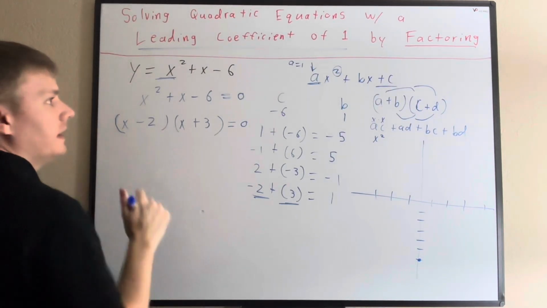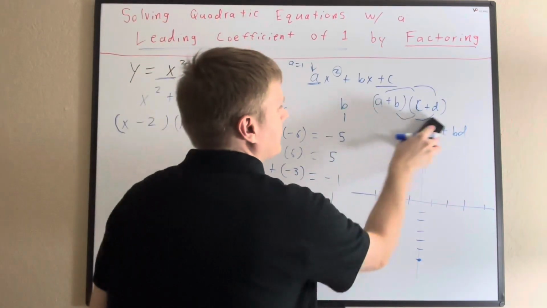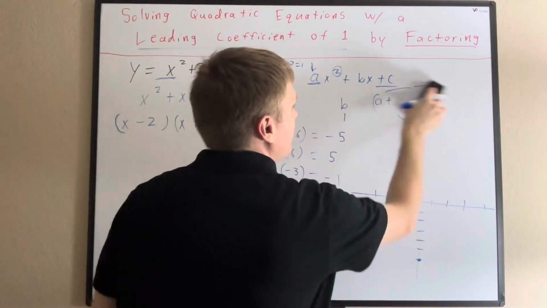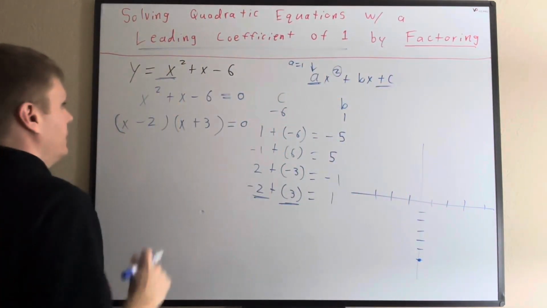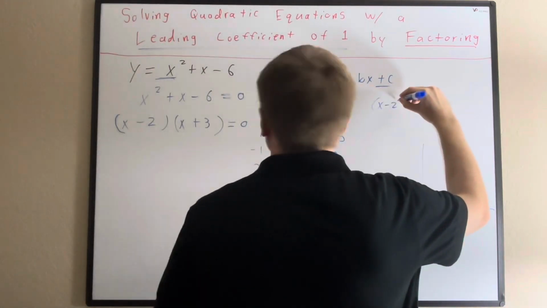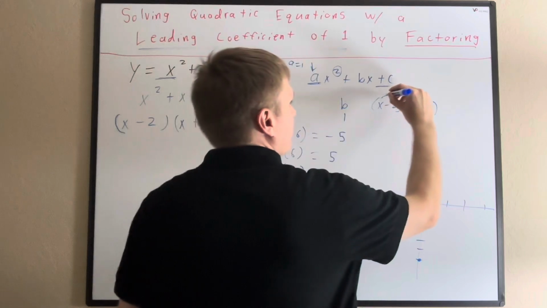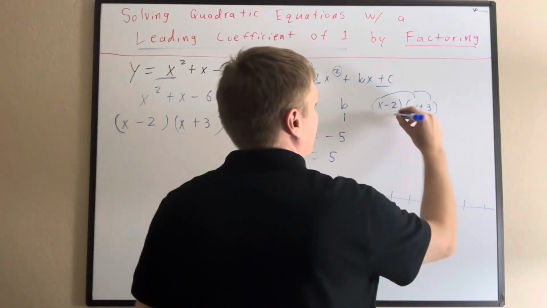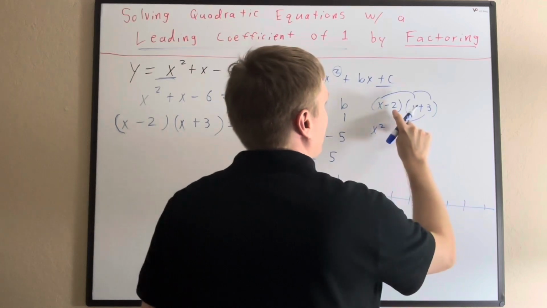Well, I factored it. Now, what I like to do the first few times you do this, just to make sure that you're right, is FOIL that out. Actually FOIL it out just to make sure that you factored it correctly, right? X times x, x squared.